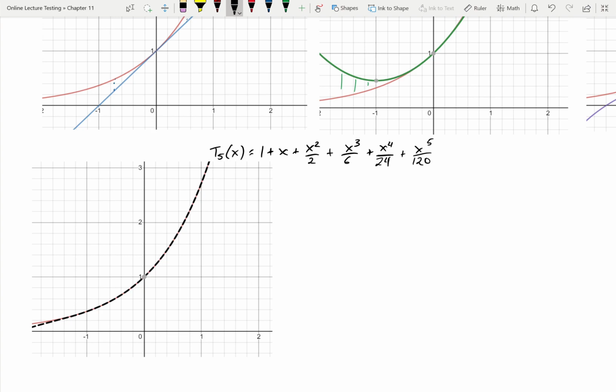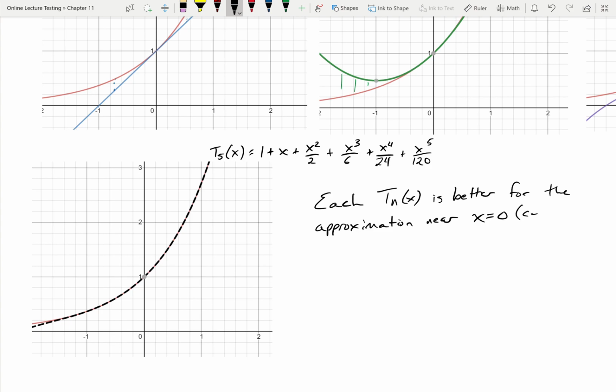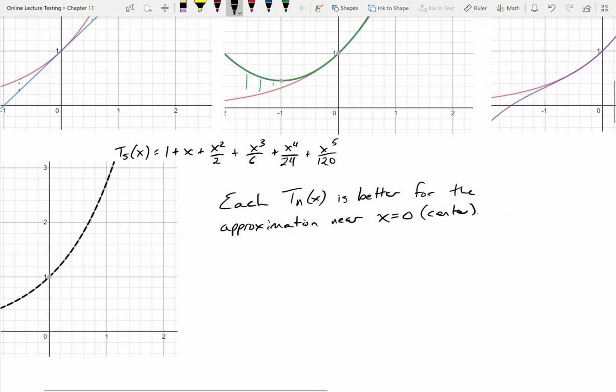Again, each T sub n is a better and better approximation for values near the center. Again, that's its center.